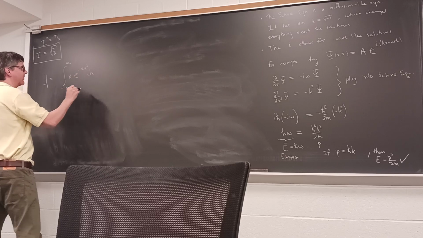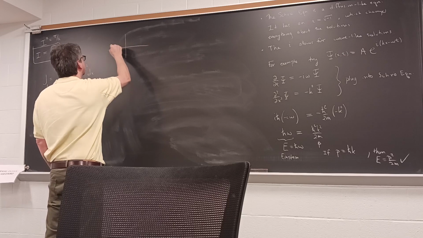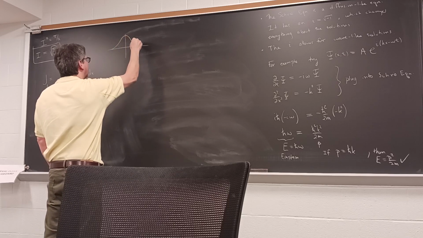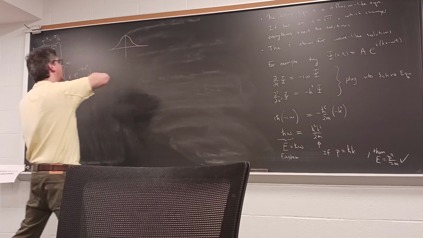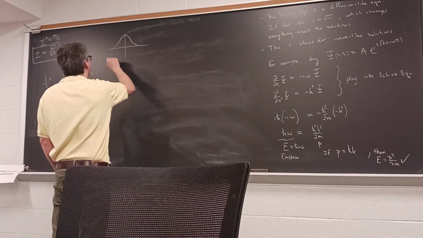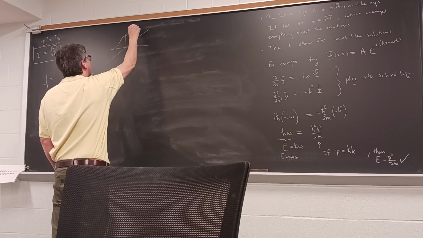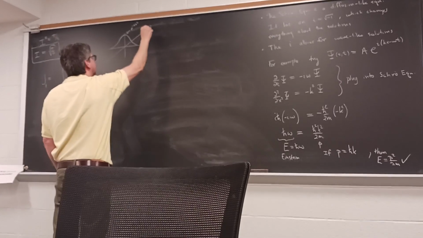One way you can think about this integral is just to look at what the integrand is. You've got a Gaussian here, e to the minus a x squared, and this is x.